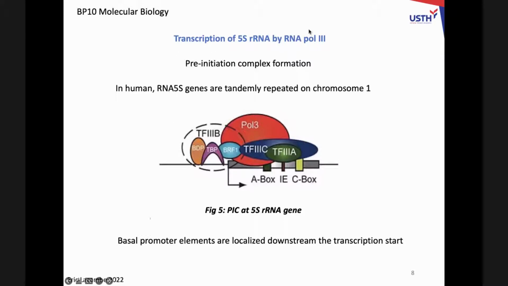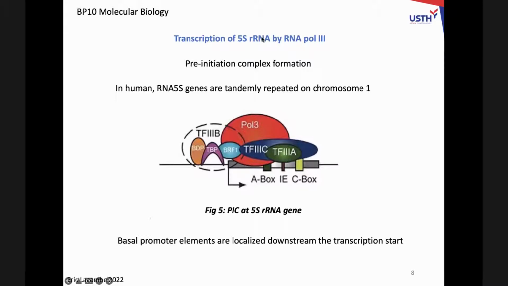Pol 3 is implicated in the transcription of plenty of small RNAs, and it transcribes the 5S RNA, which is a ribosomal RNA as well.